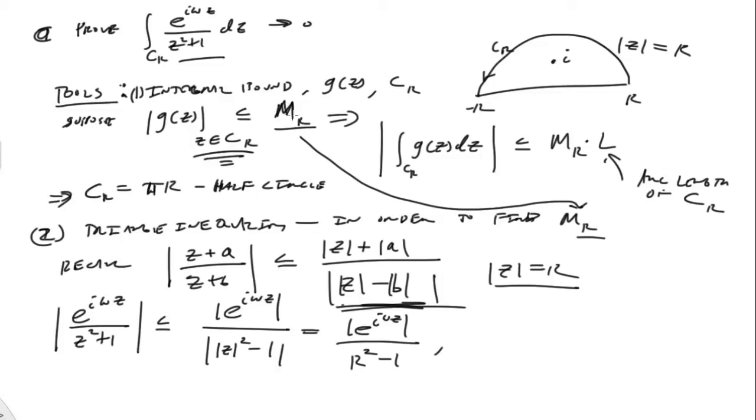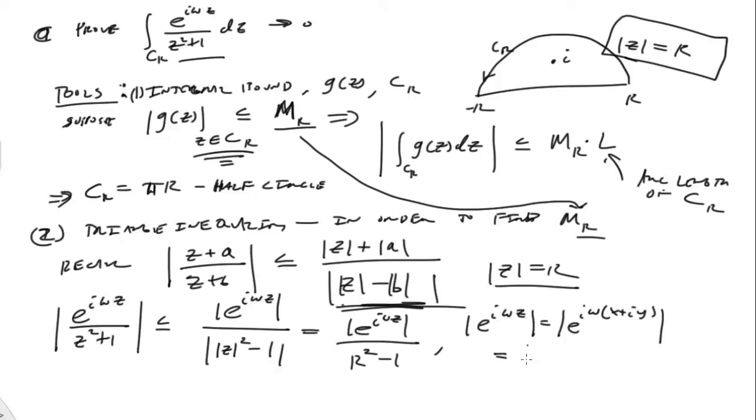So we're only looking on the curve, in which case we know that the modulus of z is equal to capital R. The next thing we need to do is examine this e to the i omega z, which is e to the i omega (x plus iy), which is equal to e to the i omega x times e to the negative omega y. And we can break that up into two moduli like that.